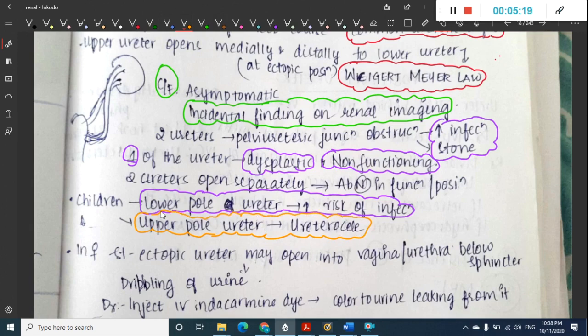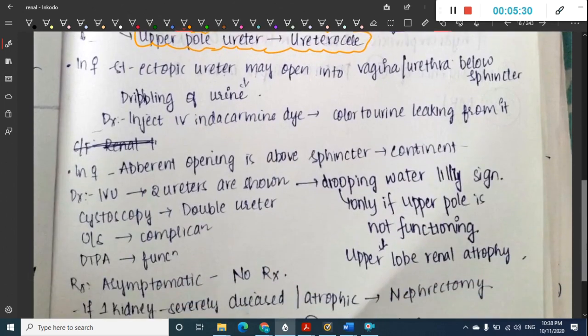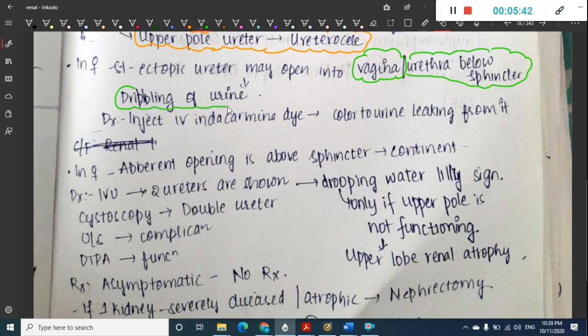Ureterocele is most commonly associated with the upper pole ureter, whereas increased risk of infection is most commonly associated with the lower pole ureter in children. And in females, the ectopic ureter may also open into the vagina. If it opens into the vagina or urethra below the sphincter, there is dribbling of urine.